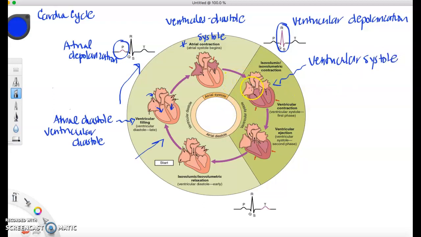And when that happens, when the ventricles start to contract, they push the AV valves shut. So they push the AV valves shut, and for just a second, there is a time where all valves are closed.